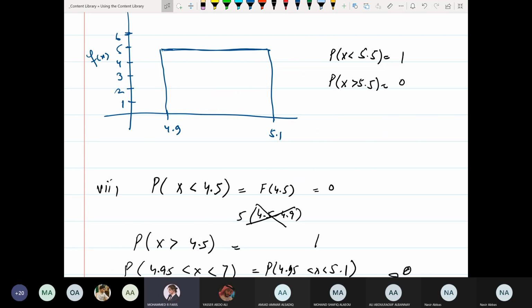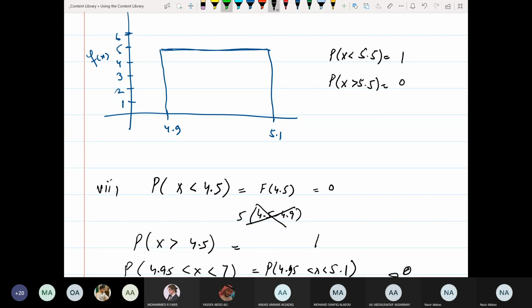Yes, x greater than 4.5. We have a question, greater than 4.5. If you put the value 4.5 in the CDF, you will find something like more than 1, and probability cannot be more than 1. And above we said x greater than 5.01, and 5.01 is within the domain. Now I'm talking about 5.5.